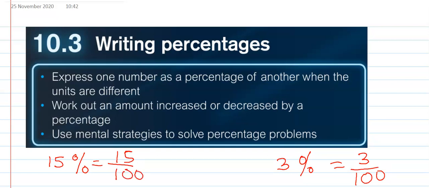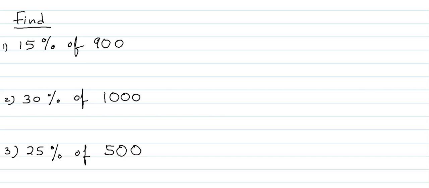Okay, so let's see a couple of questions based on percentage. First thing, 15% of 900. There are plenty of ways you can do it, but one of the easiest ways: 15% means 15, and you get rid of this percentage sign, so you divide by 100.